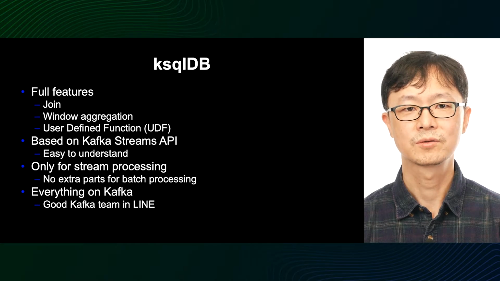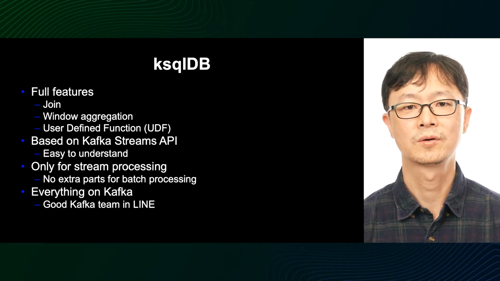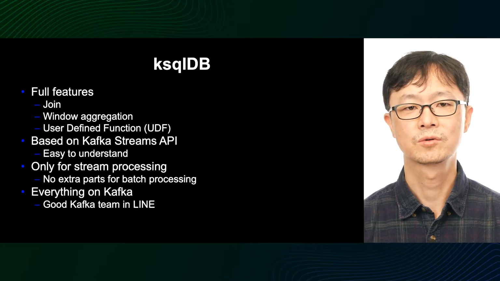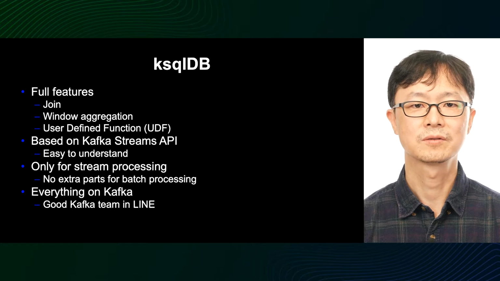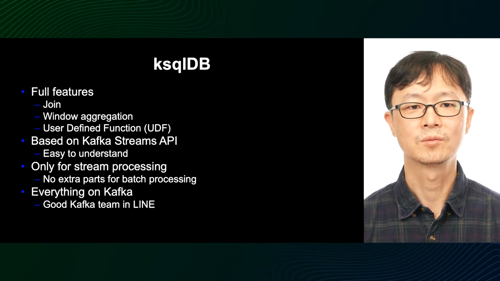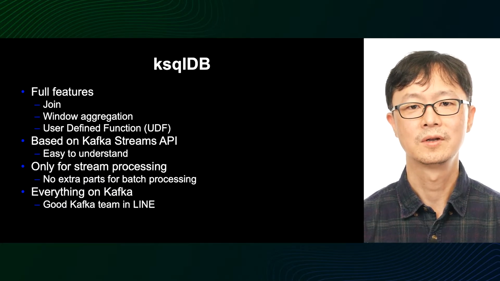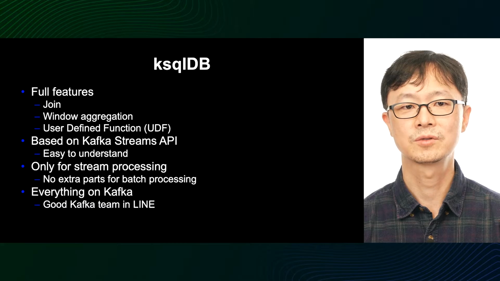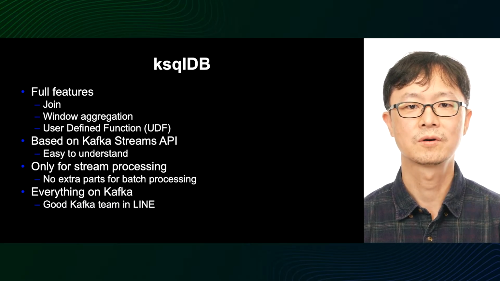Among KSQLDB, Flink SQL, and Spark Structured Streaming, we finally selected KSQLDB. KSQLDB provided most of the features that we wanted, and it also supported user-defined functions. And it's a system just for stream processing, so it had a simple structure.